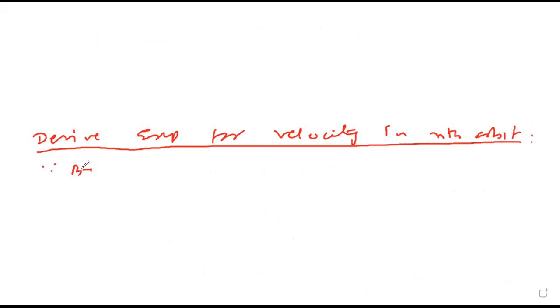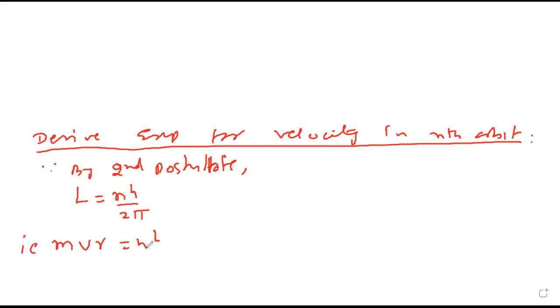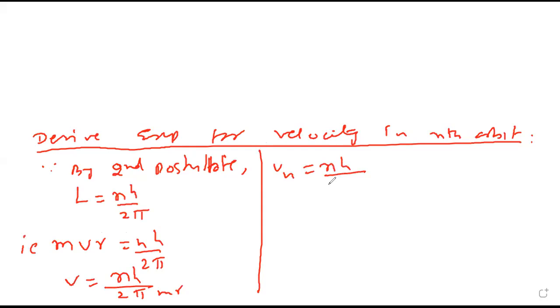So by second postulate, angular momentum is n h upon 2 pi, that is m v r is n h upon 2 pi, so v equals n h upon 2 pi m r. So in nth orbit it will be n h upon 2 pi m, radius in nth orbit.